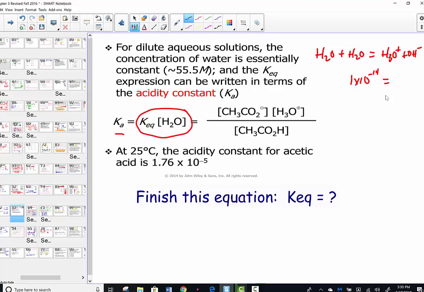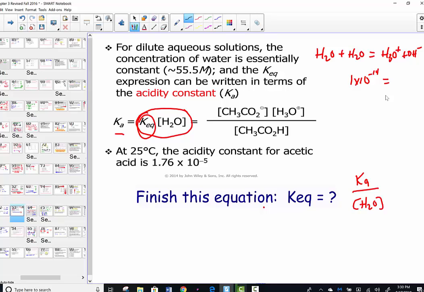So again, if I want to isolate the equilibrium constant, Keq is Ka over the molar concentration of water, which has been determined to be about 55.5 molar.